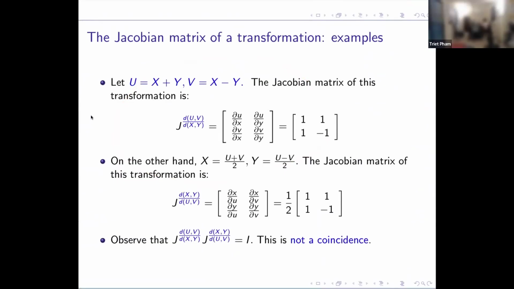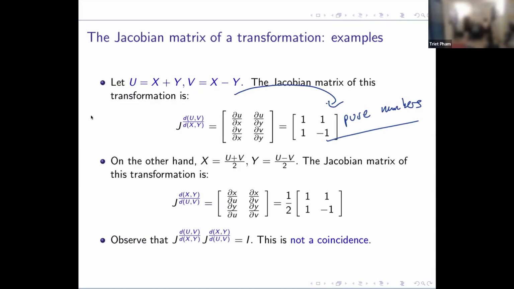One thing that maybe is too simple here is that this matrix is pure numbers. That should not give you the wrong impression that Jacobian matrices are pure numbers. If you remember from Calc 3, which I'm sure you all do, Jacobian matrices are functions.